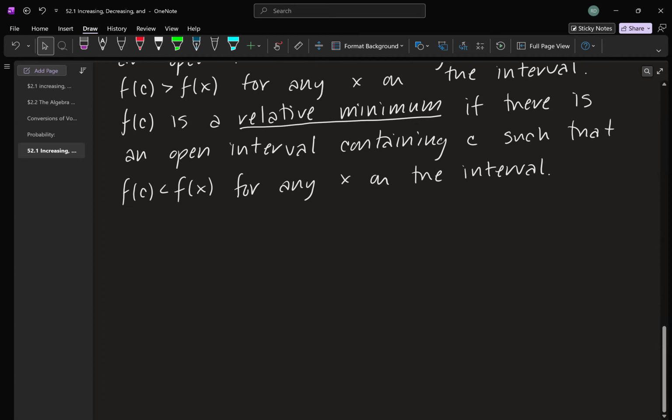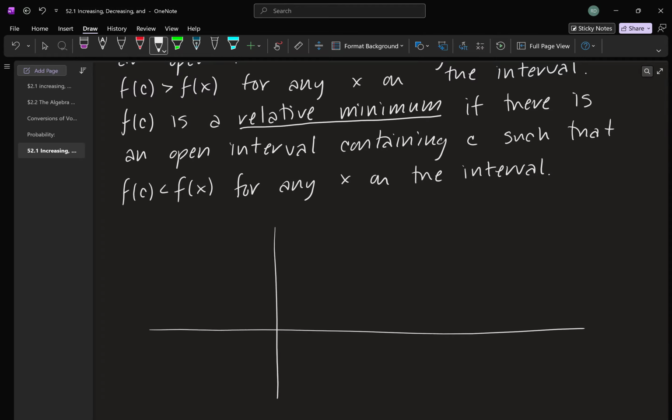That's a bunch of math jargon. Let's go ahead and see a real, graphical example of this.